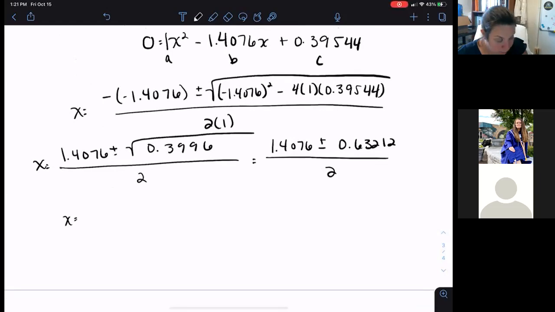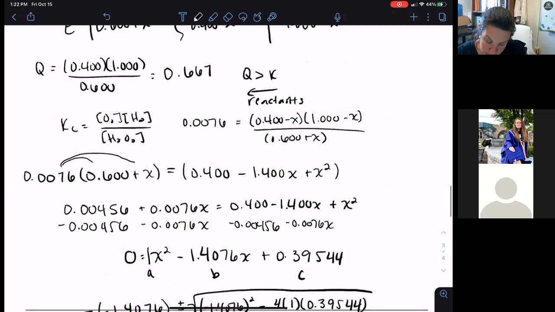So our x is going to equal either 0.388, or I guess 0.3877, or 1.01986.